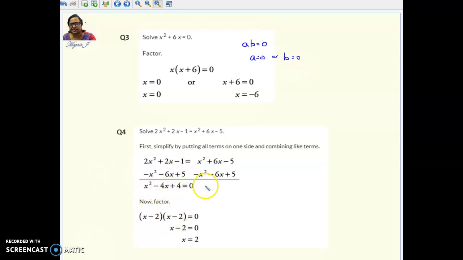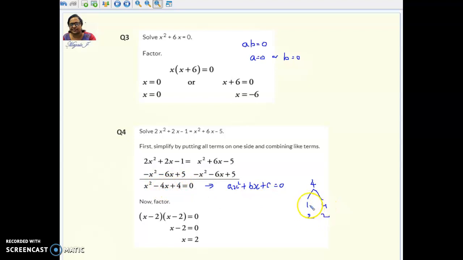You can see that this has come to the same form as ax square plus bx plus c equals 0. Solving this again is the same old method, the same format. You can see that this is positive, therefore the middle one should be the sum of the two terms. If it were negative, it should be the difference of the two terms. So 1 and 4, 2 and 2.